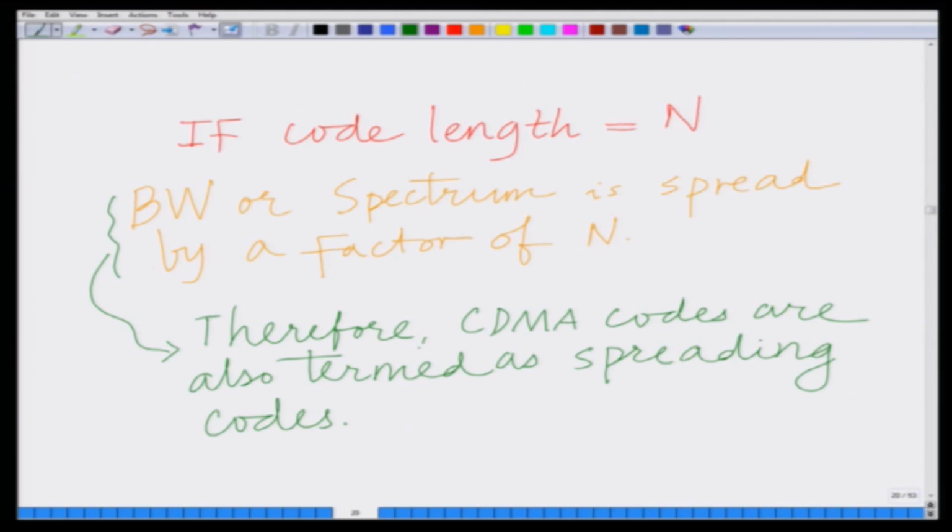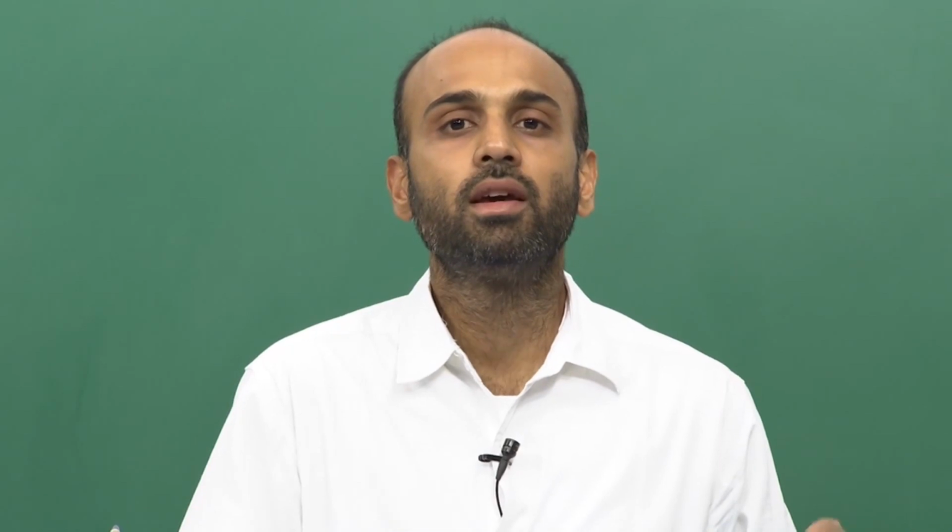So, what we have seen is the following thing. Since we are transmitting multiple chips per each symbol in a CDMA system, this results in a spreading of the bandwidth. The resulting bandwidth of the system increases.